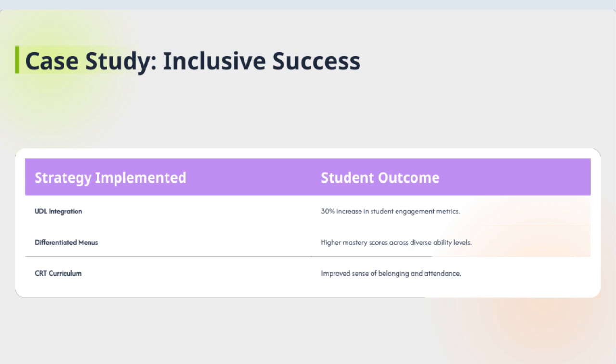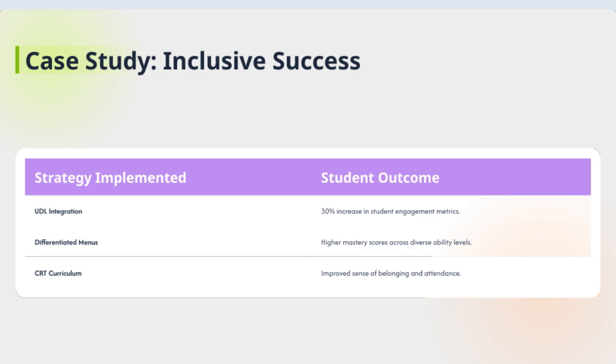To support this, we've implemented differentiated menus, allowing us to tailor instruction to individual needs, and we've seen a 30% increase in student engagement metrics. That's a significant jump, showing that students are more actively involved in their learning.